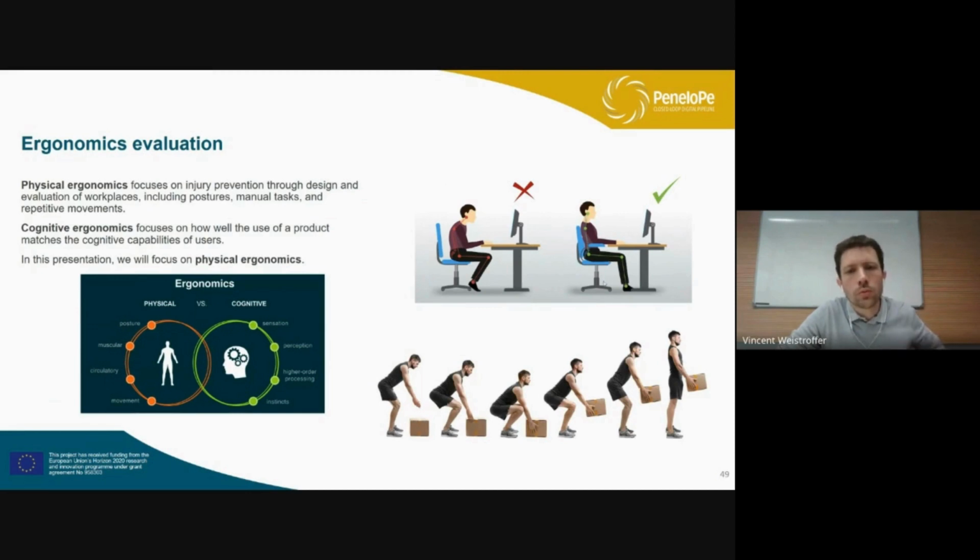First, some words about the distinction between physical ergonomics and cognitive ergonomics. There are two main fields when we talk about ergonomics. Physical ergonomics is mostly focused on injury prevention, and it provides design and evaluation of workplaces so that you can reduce these injuries. It's mostly focused on postures, manual tasks, repetitive movements.